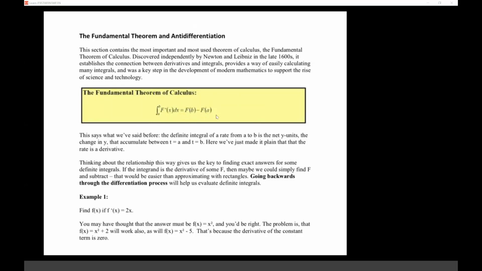So in other words, what this is saying is, to take a definite integral, which is what this is called, it returns a value. When I say returns, I mean it gives you a value.